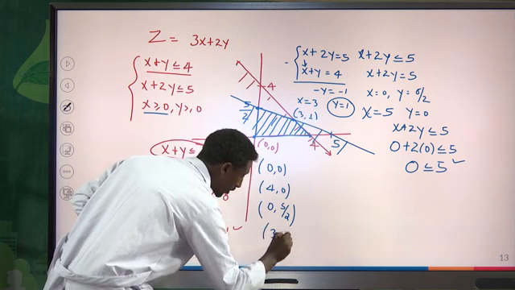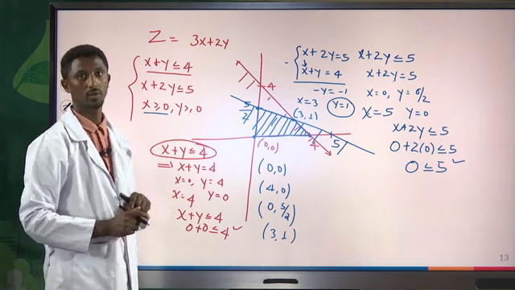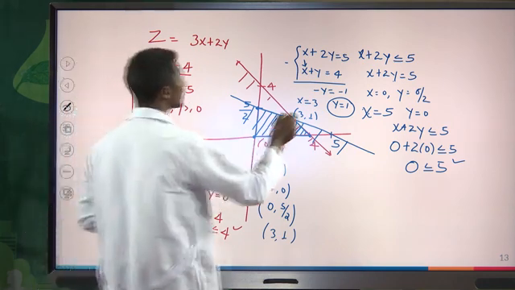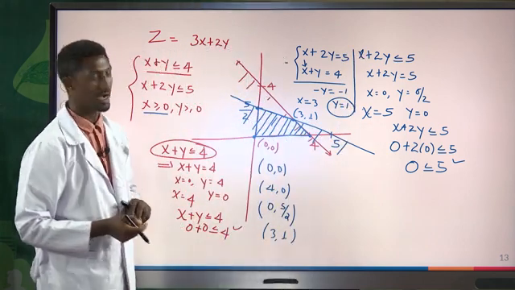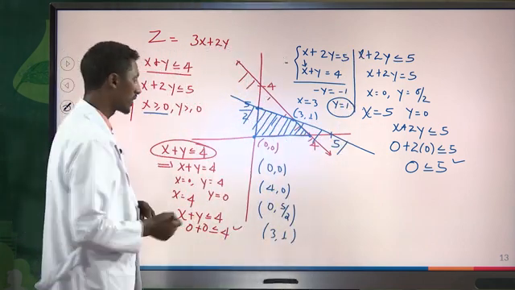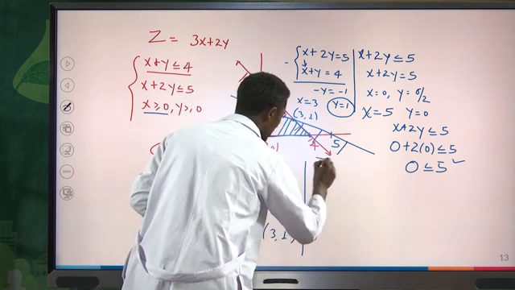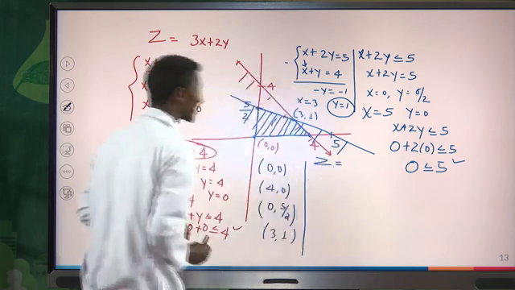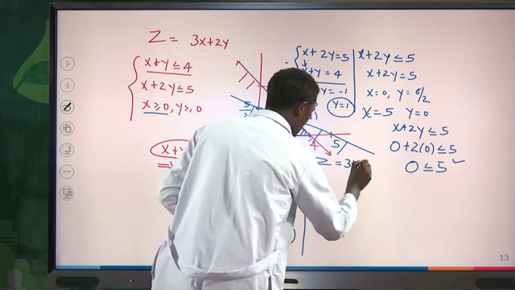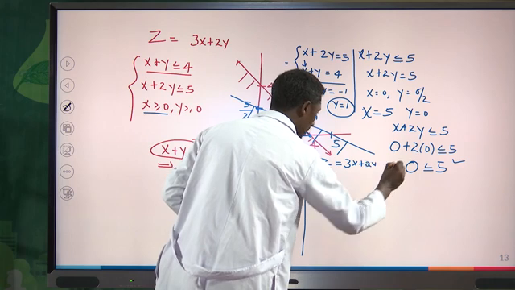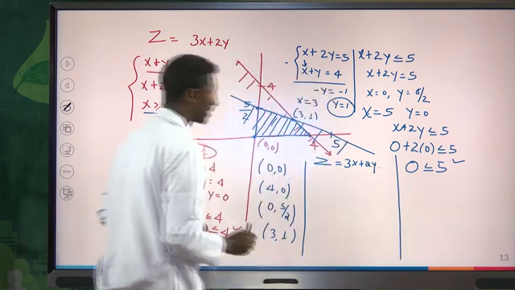So after we find all these corner points, we'll evaluate the objective function z at every corner point. The objective function z equals 3x + 2y.